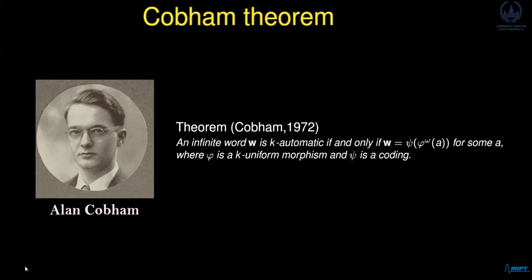Cobham's theorem states that an infinite word W is K-automatic if and only if W can be represented as psi of phi to the omega of A for some starting letter A, where phi is a K-uniform morphism, which means that the morphism replaces each letter in the word by a block of length K. I mean, if you substitute every letter by the same number of letters, it has the same structure.